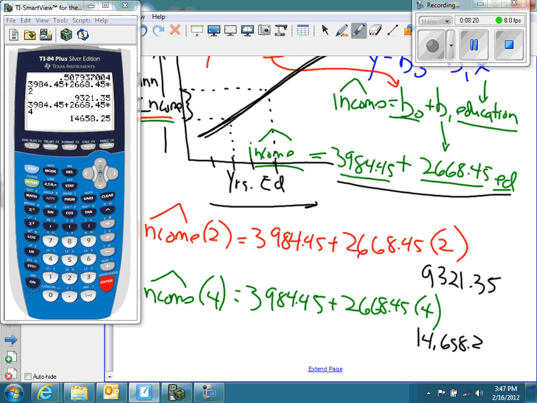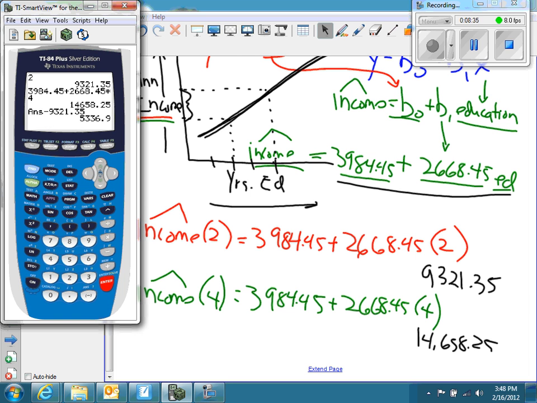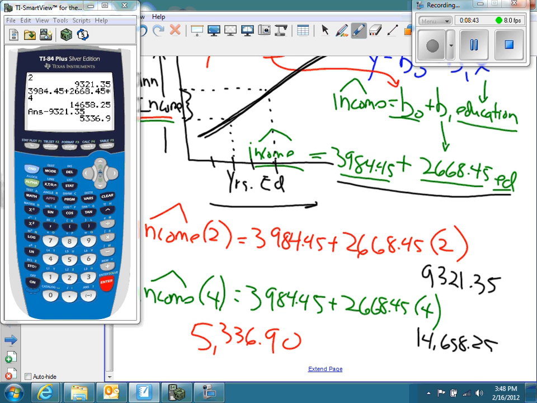Now I just need to subtract the 2, so that minus my 9,321.35. I push enter, and it gives me an answer of 5,336.90.